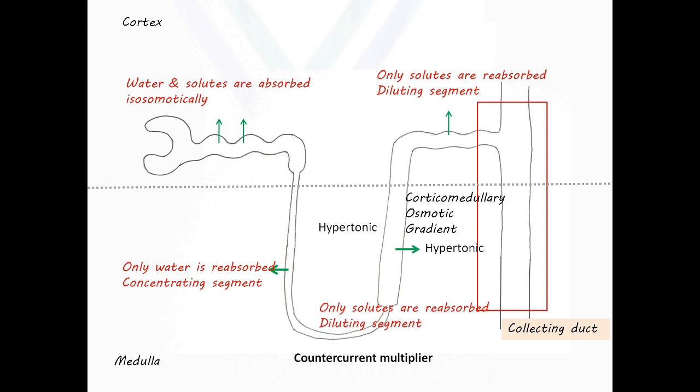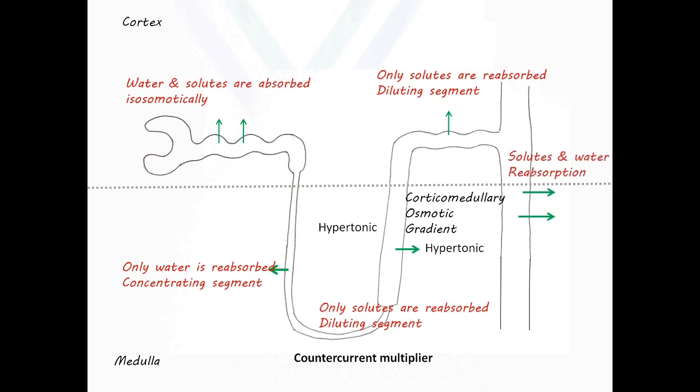The collecting duct regulates the final volume and composition of excreted urine with the help of antidiuretic hormone. The collecting duct is permeable to solute and water. It absorbs sodium via epithelial sodium channels, and this part of the nephron becomes permeable to water via insertion of water channels called aquaporins in the presence of antidiuretic hormone.